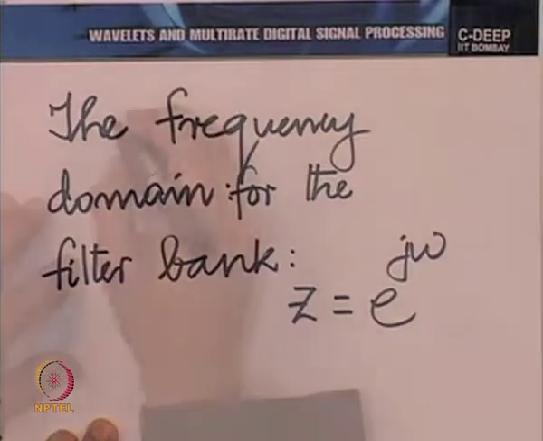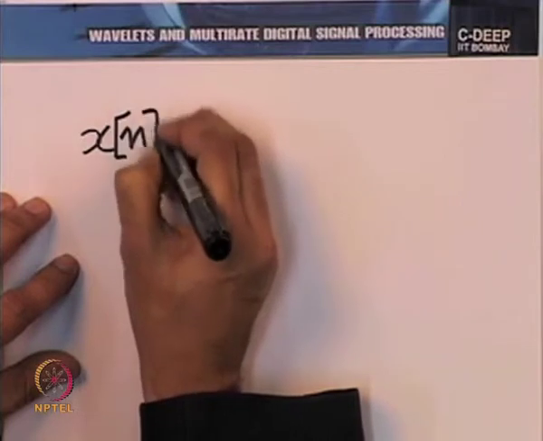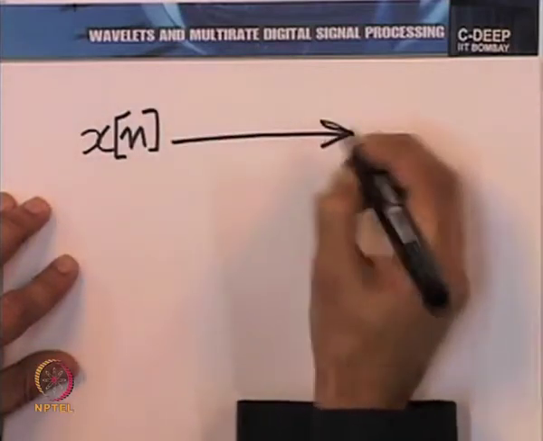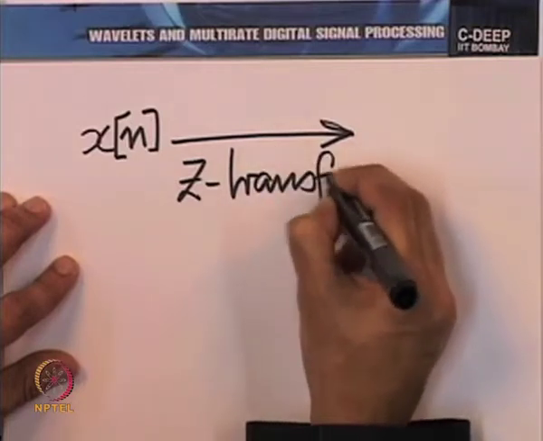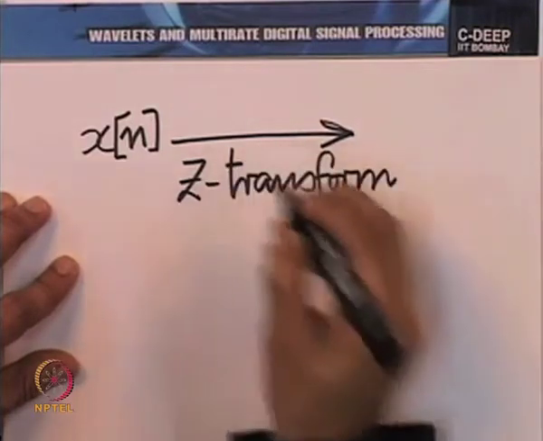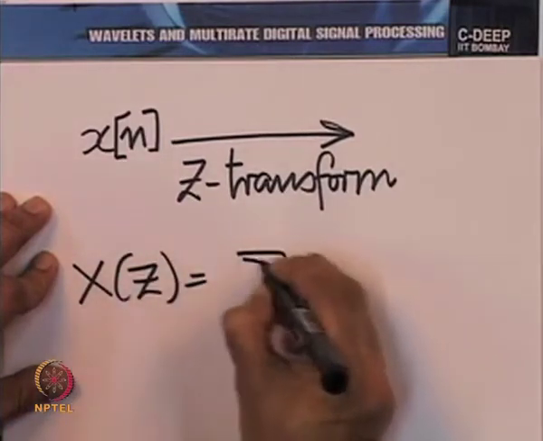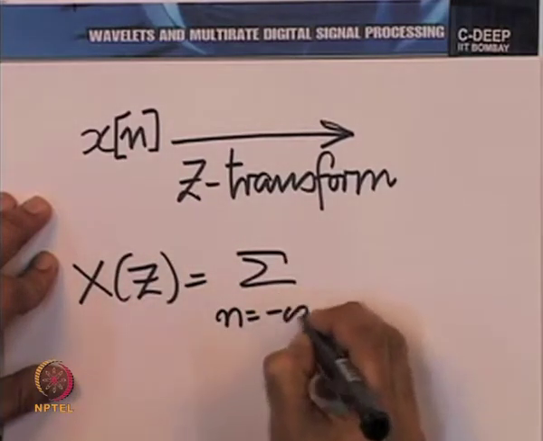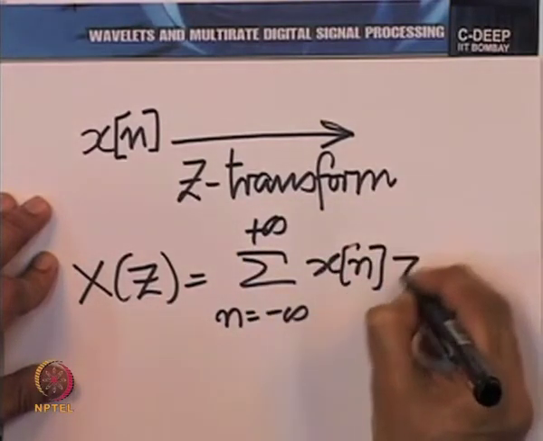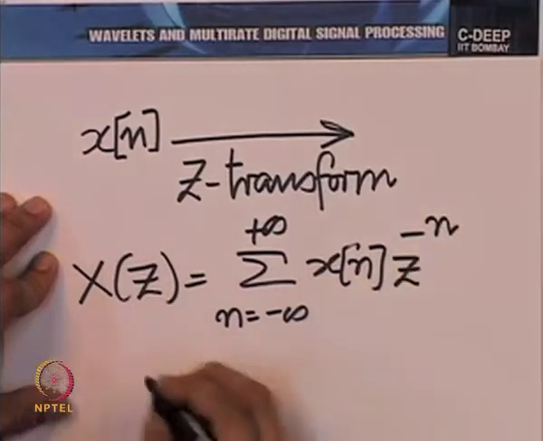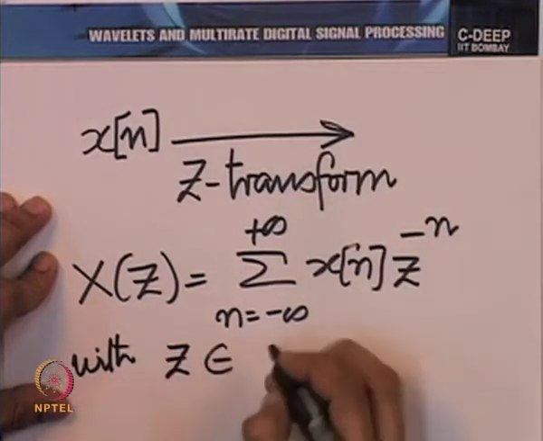We had said that if you have a sequence x of n, its Z transform is capital X of Z defined by summation n running from minus to plus infinity x of n z raised to the power minus n, with z belonging to a region of convergence.